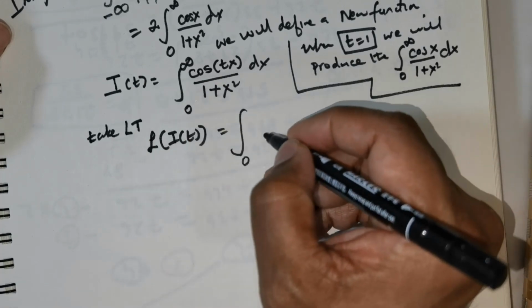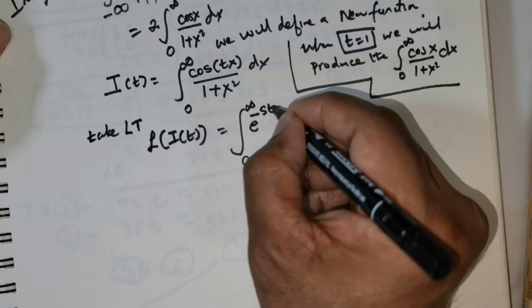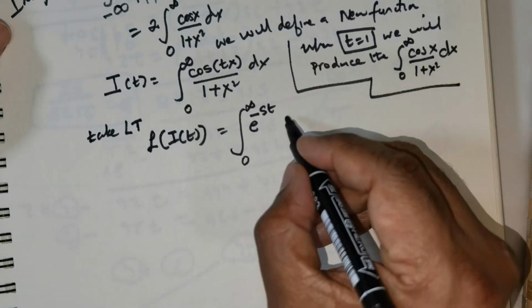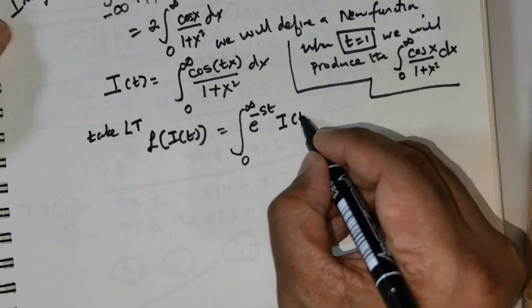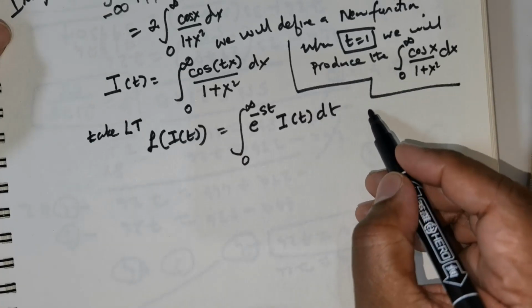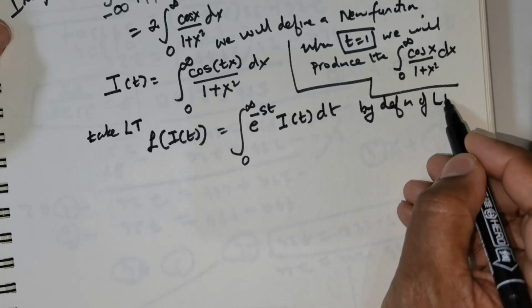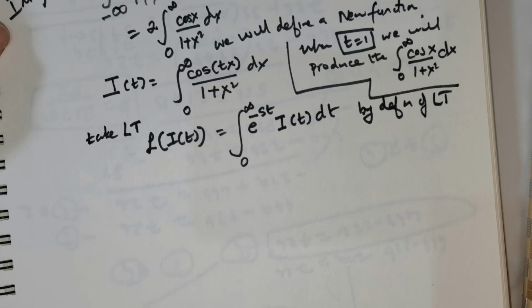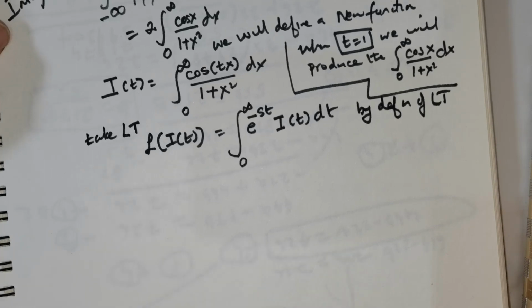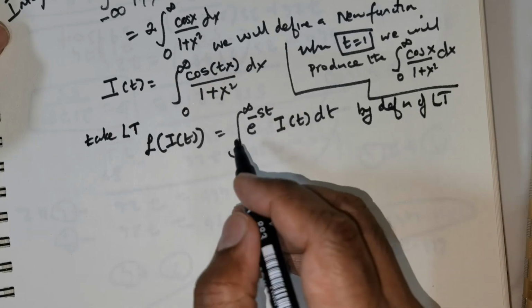So the Laplace transform of I of t is going to be the integral from 0 to infinity of e raised to the power of negative s t, and over here I need to have the function I of t times dt. This is by definition of Laplace transforms. So having got this, I know that I of t is this.